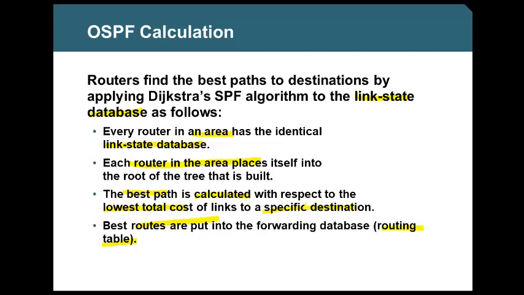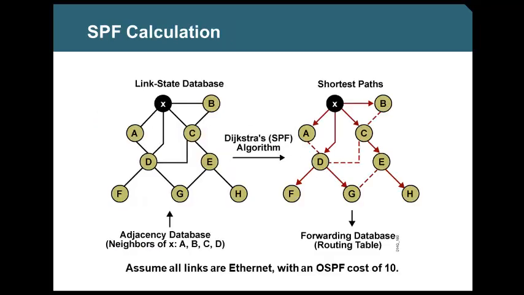See the tree here? The shortest path. Assume that each link cost is 10. This is 10, this is 10, this is 10, this is 10, this is 10, this is 10. Now, if someone wants to go to F from X, see, this is Bala sitting here in the United States, and F is the Pentagon.